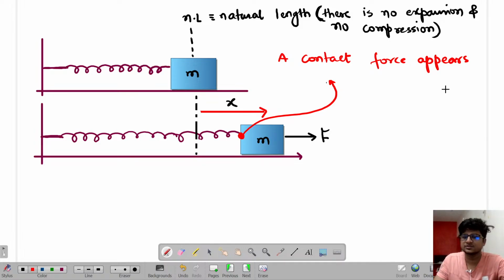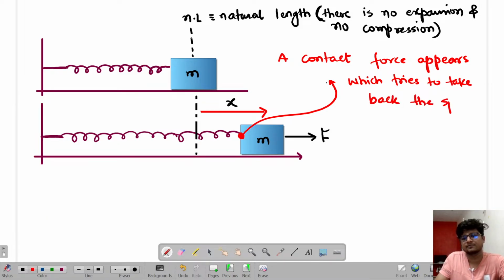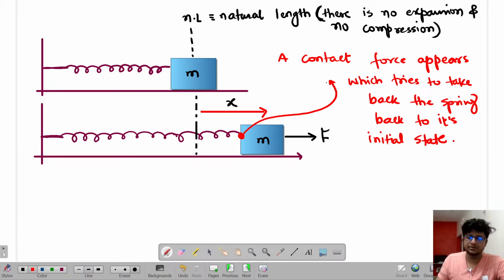A contact force appears which tries to take the spring back to its initial state. Is that clear or not? Back to which state? Initial state. Are you able to get me or not?